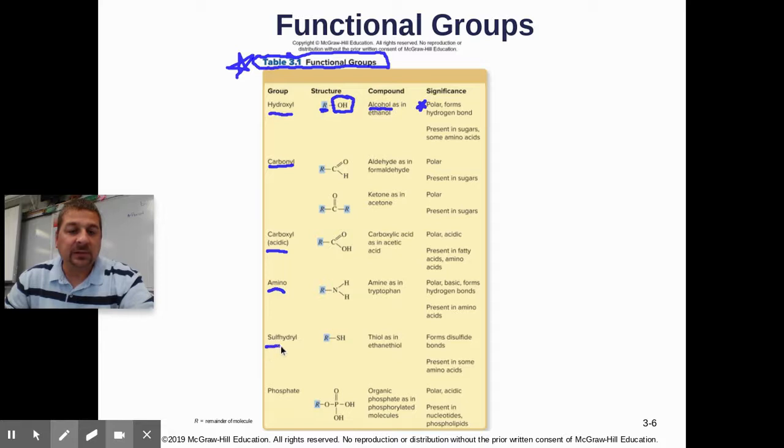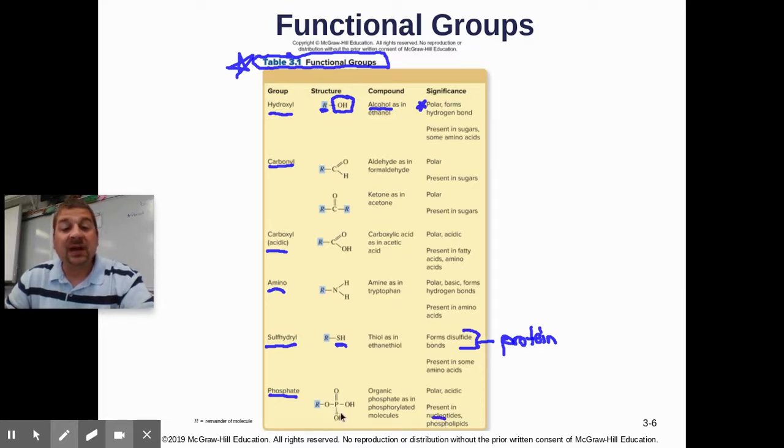Another protein one would be the sulfhydryl, because these sulfur groups will form disulfide bonds in proteins for secondary and tertiary structures. And phosphate groups. We get into the nucleic acids, the ATPs, the DNAs, the RNAs, phosphate groups. Also in the nucleotides.